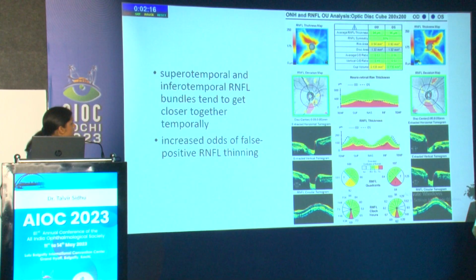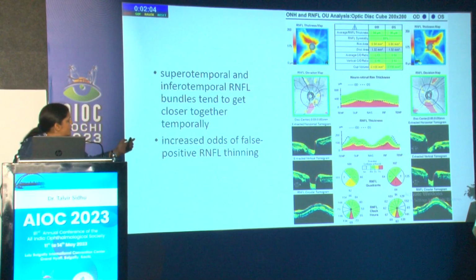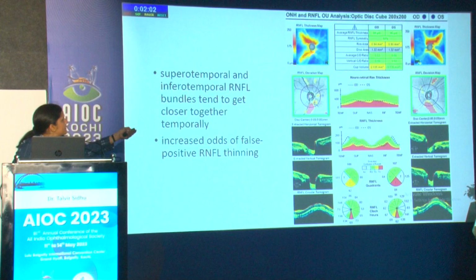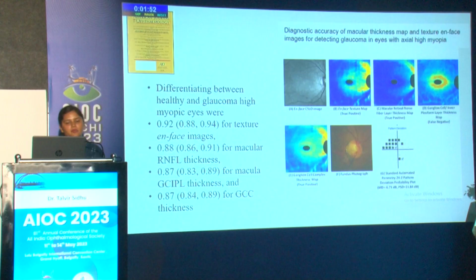So there is a very high temporal neuroretinal rim and a low inferior rim. So it is important that once you are diagnosing glaucoma in a person with myopia or doing OCT, you should look exactly at these maps. If there is temporalization of the retinal nerve fiber layer, do not think that otherwise the retinal nerve fiber layer has been thinned.